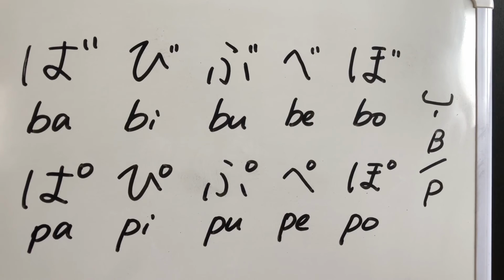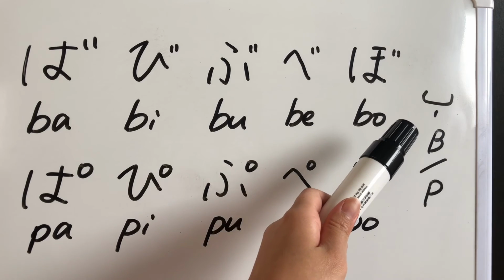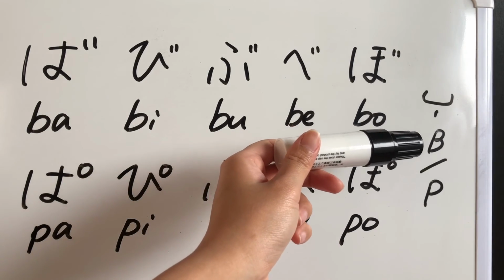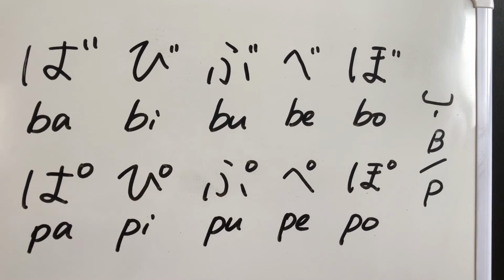And just for the Arabic speakers, I know you guys don't have a difference between B sound and P sound, so these two will be a little bit difficult for you. So let's practice.